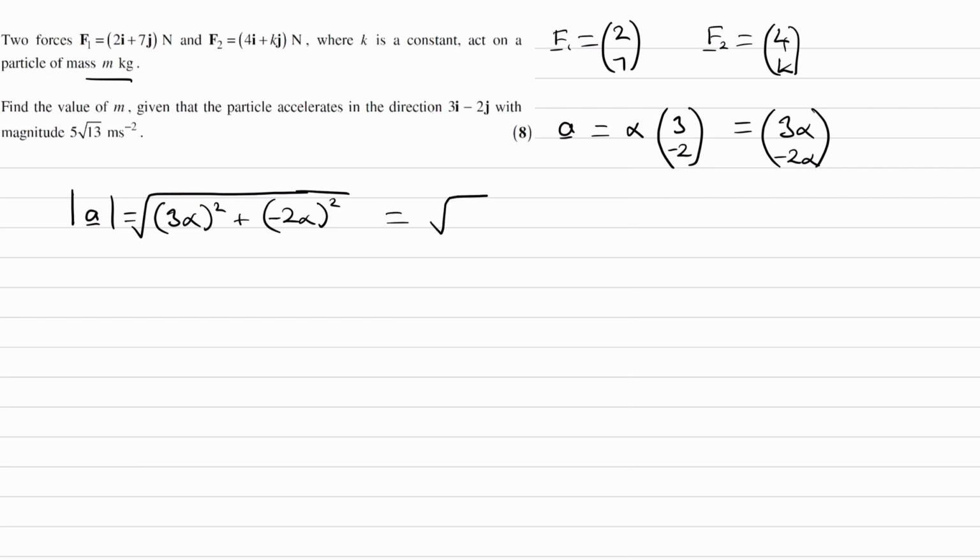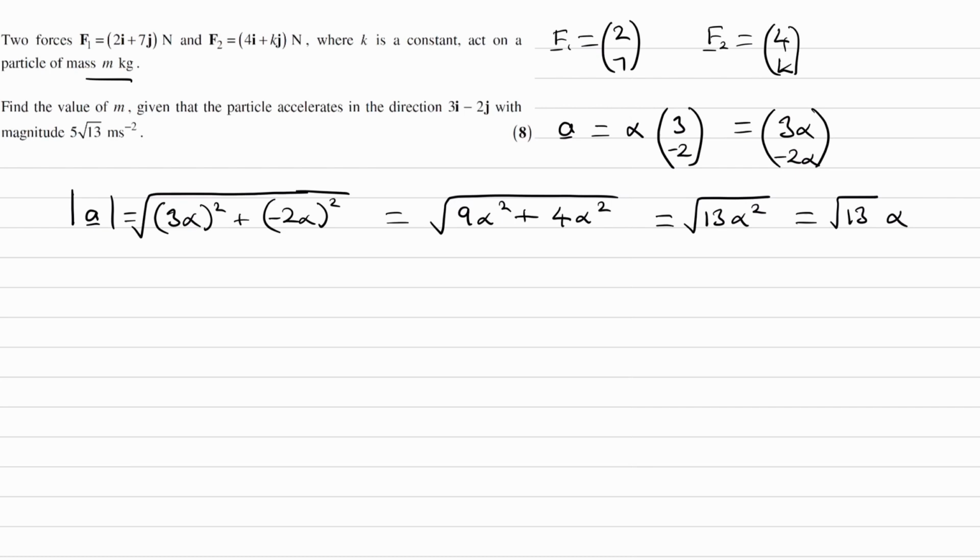And this will end up being, so 3 alpha squared is 9 alpha squared, minus 2 alpha squared is 4 alpha squared. And this will end up being root 13 alpha squared, which I will then write as root 13 alpha. So I can just separate this into two parts. They're multiplied together, so they're each individually square rooted. I've just square rooted the alpha squared here.